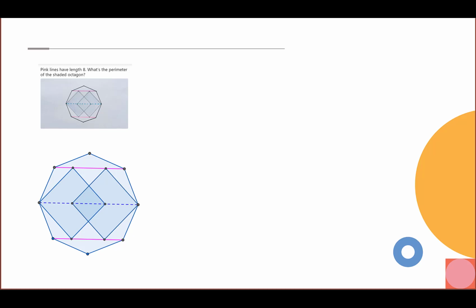Alright, let's begin. We know that the length of the pink line is equal to 8, and it is easy to see that it is exactly the same as the length of this line, which is again equal to the length of that segment. Notice that the last segment is nothing but the diagonal of the square.